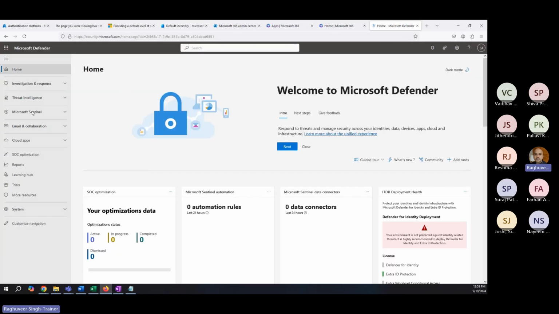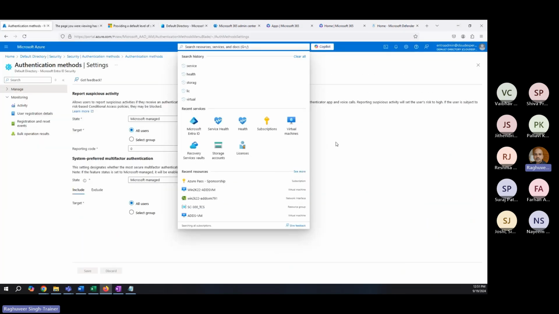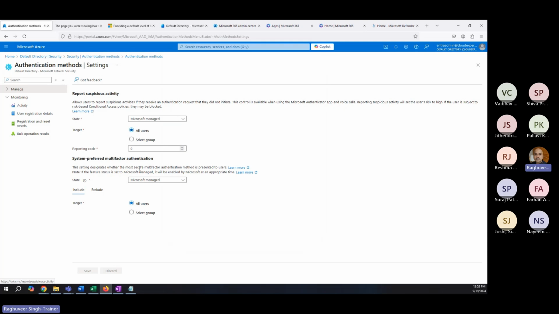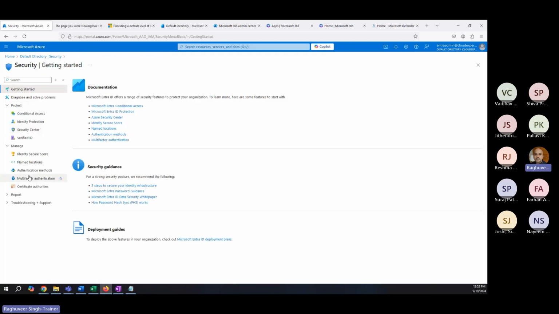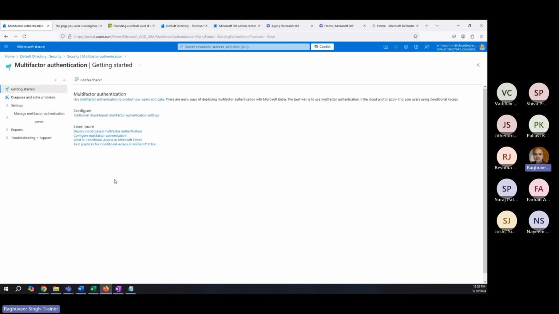So this was about the authentication method, as I was explaining, that we have multiple authentication methods here. So we will define the information with respect to the password. Now let's go back. After you configure the authentication method, then comes multi-factor authentication. This is where you can enable multi-factor authentication. There are multiple capabilities that you can use.